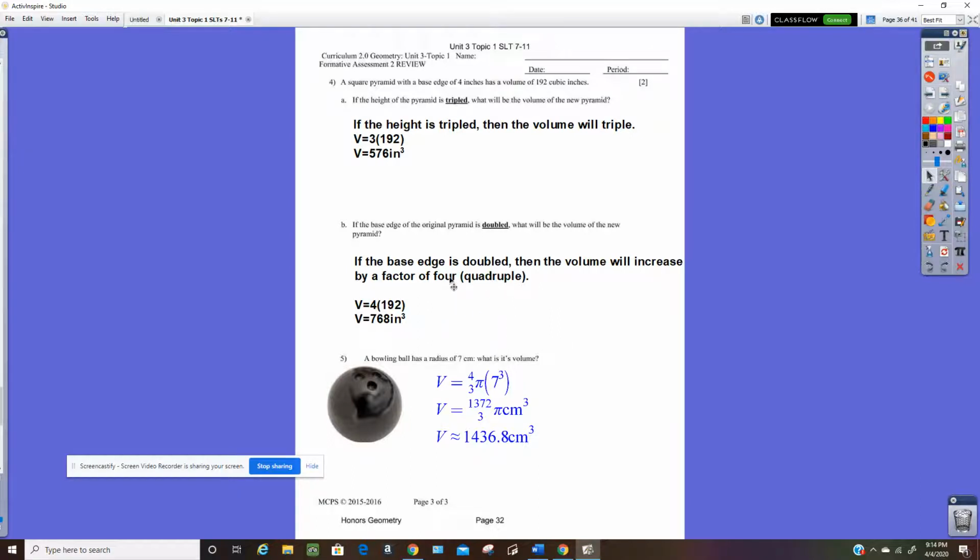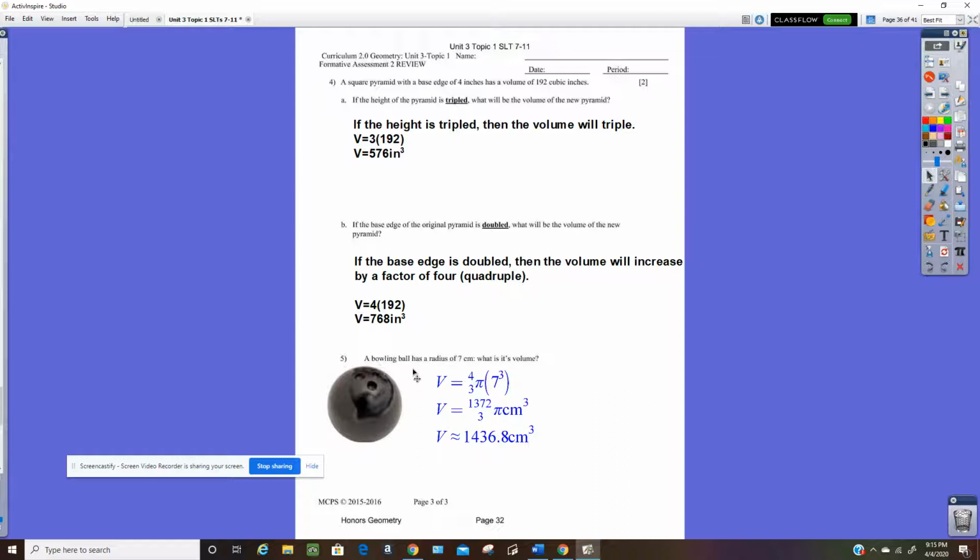So if it's a square pyramid, the area of the base is going to be 4 times as much if I double each dimension. So the volume is 4 times as much.